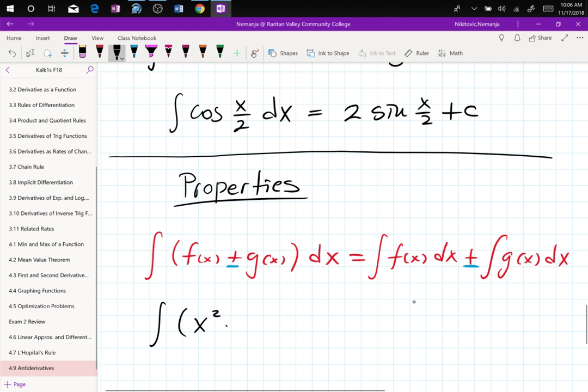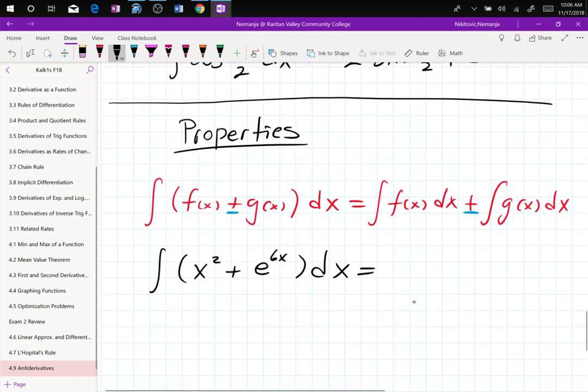It's really cool because you can have the integral of x squared plus e to the 6x dx. So the rule allows you to look at this as two separate functions. And that's awesome because they're both basic functions and we can quickly come up with the integration. So x cubed over 3, because it's 1 over n plus 1.